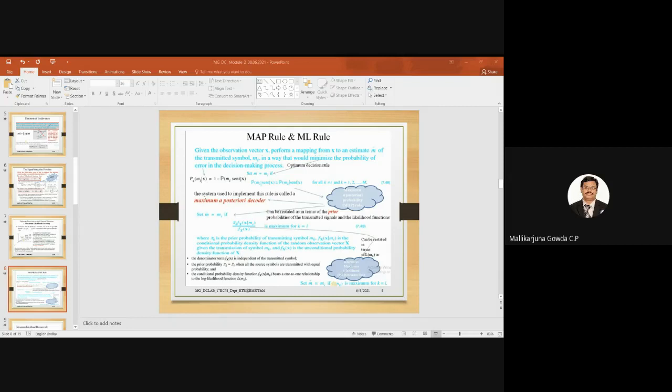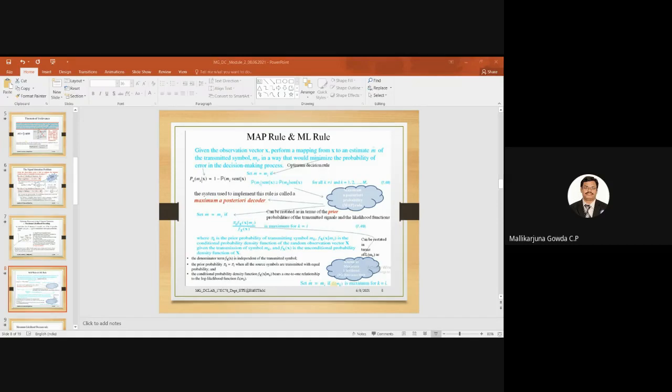So with that, set m cap equal to mi if L of mi is maximum for k equal to i. Is this fine? Here I have written L of mk, right?